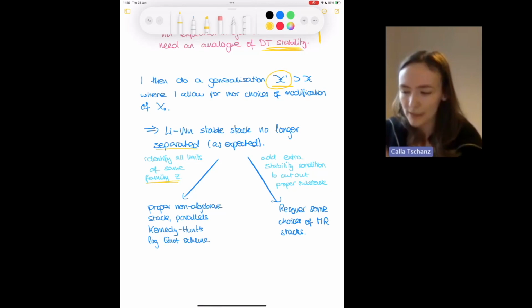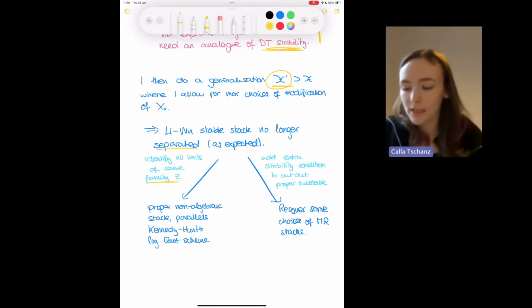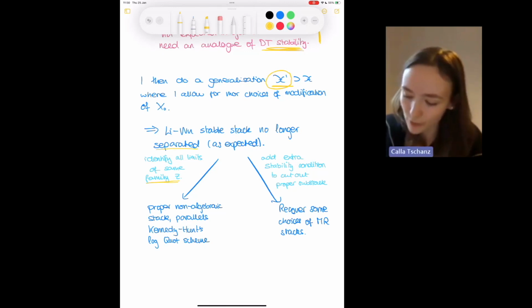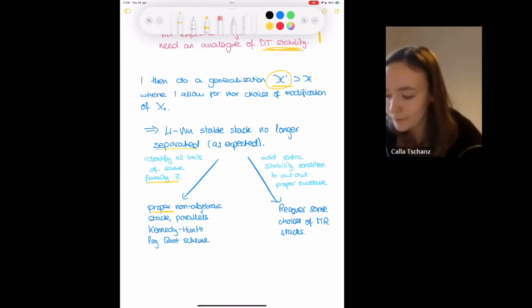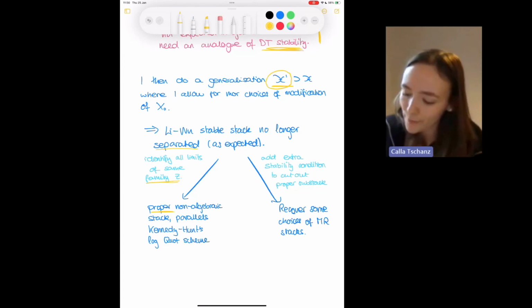Even if the limits are not isomorphic, I just take some equivalence class and identify them, and my stack will parameterize no longer subschemes, but equivalence classes of them. You can do this, and then you recover some proper stack, but it will be non-algebraic. So it depends what you care about.